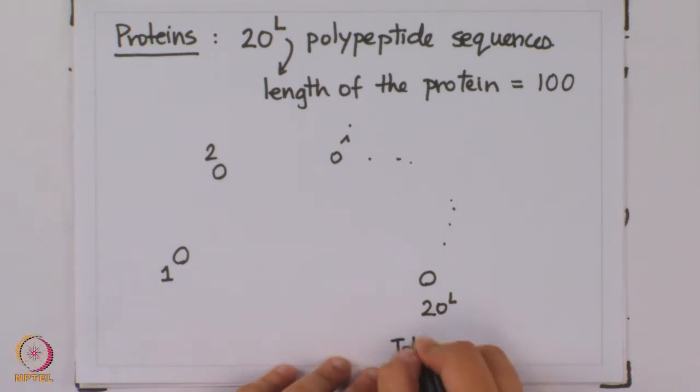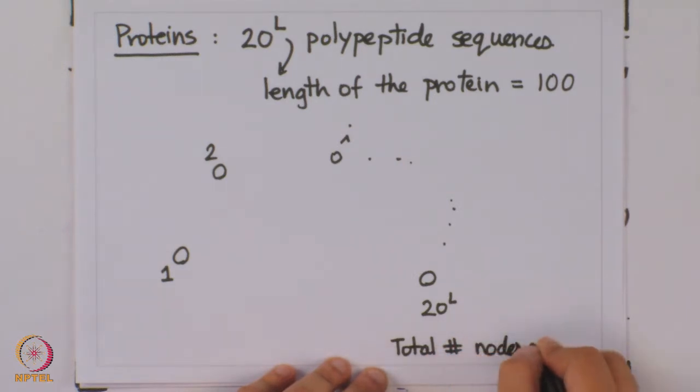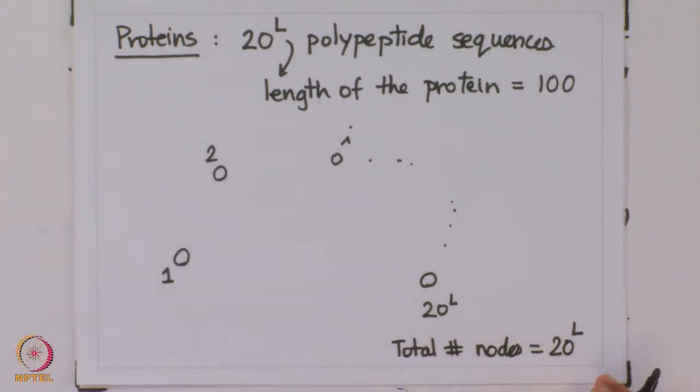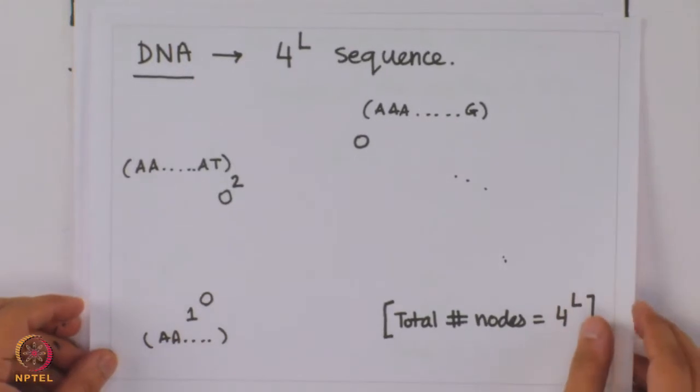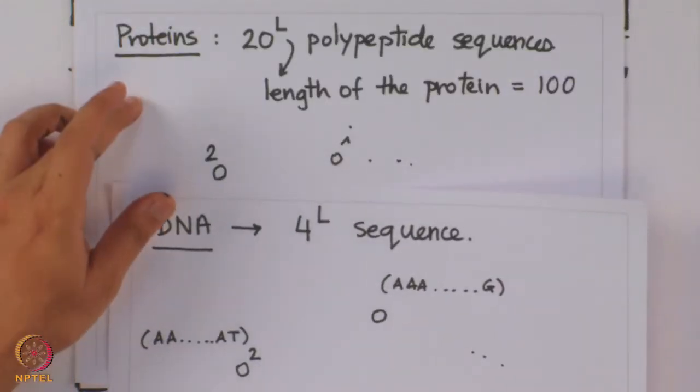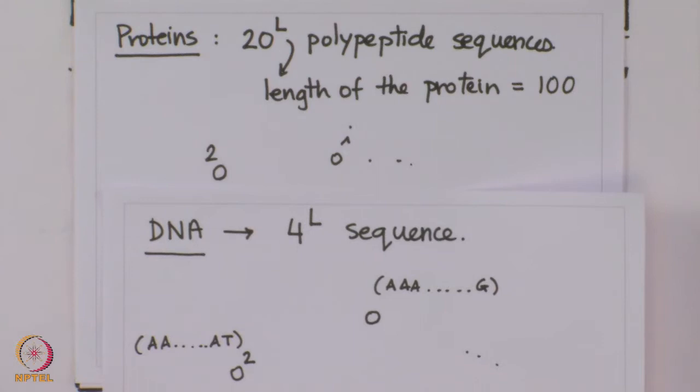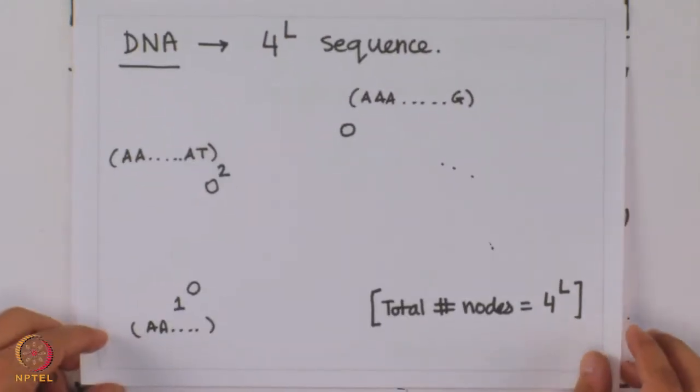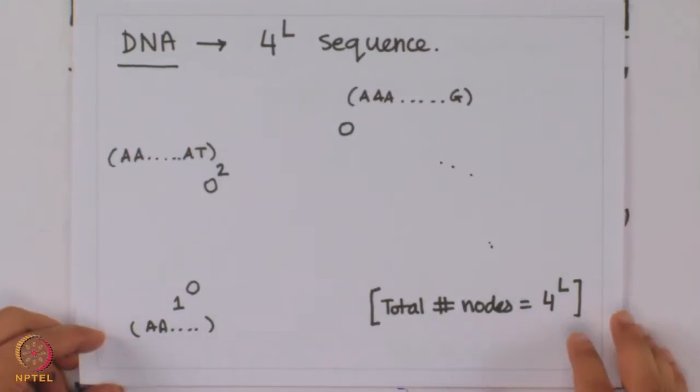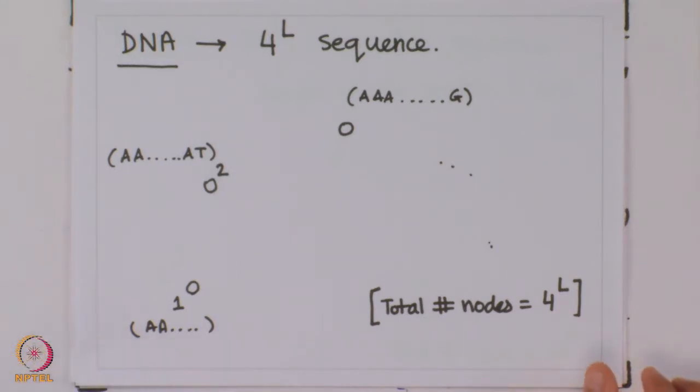So, the total number of nodes here is 20 to the power L. L in this case is the length of the protein that we are interested in. So, what we have done here is define, given a DNA sequence of length L or a protein sequence of length L, how to enlist and enumerate all possible sequences of DNA and peptides which correspond to the same length as we are interested in.